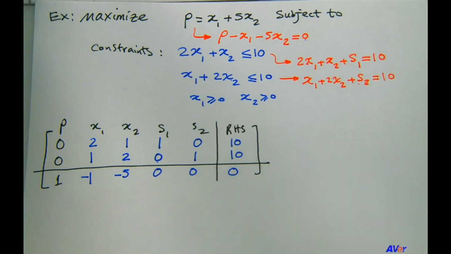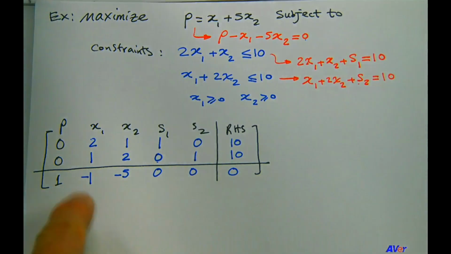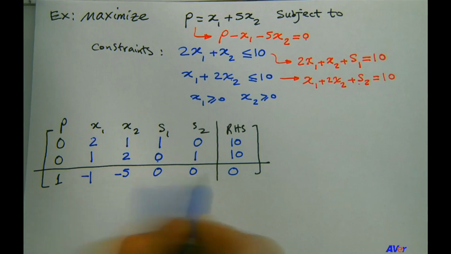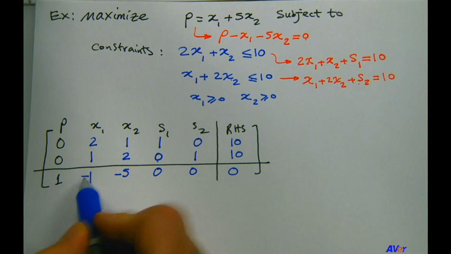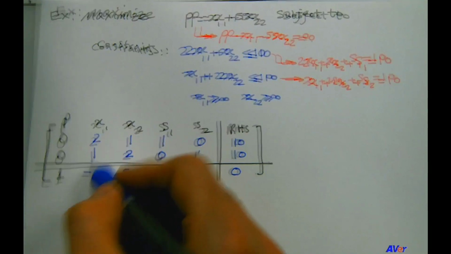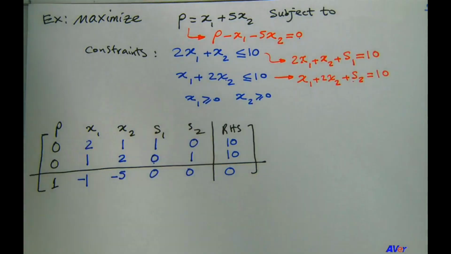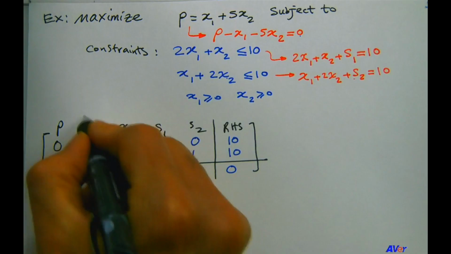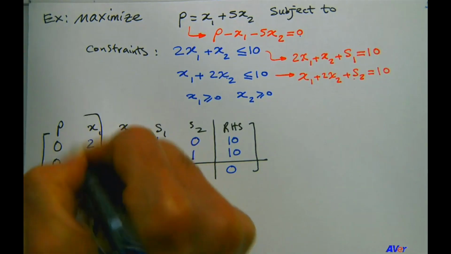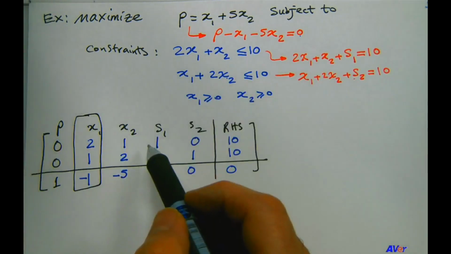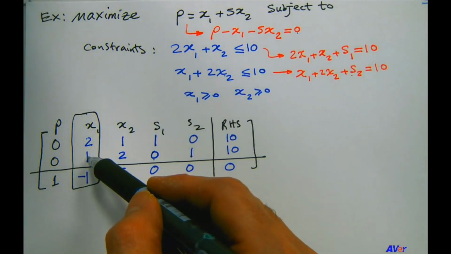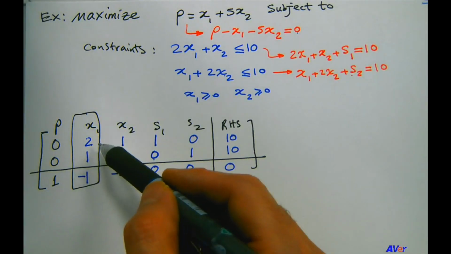Okay, so as we talked about, the first negative number in the objective row, the first negative number from the left, determines the pivot column. So our pivot column is this one. This is our pivot column. Now, one of these two numbers, either 2 or 1, is the pivot element. So we have to find out which one.